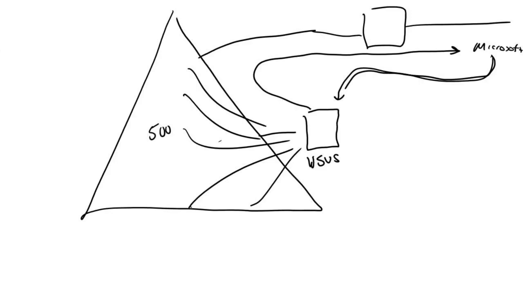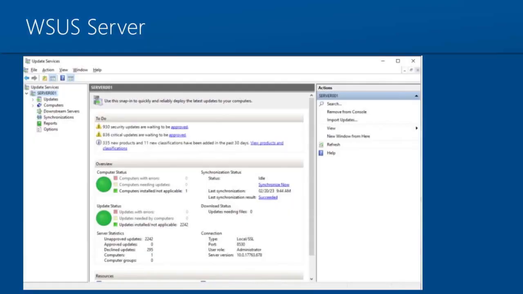WSUS is nice because you can go in and specifically pick which applications and which operating systems you want to update. It's still a very good way to go. If you have a lot of on-site users, and maybe you're only using the cloud for certain things, this is a very good option to install on your corporate network.